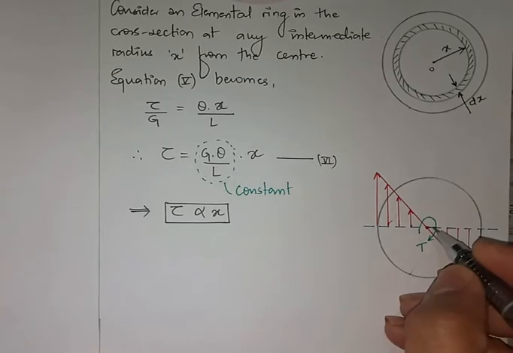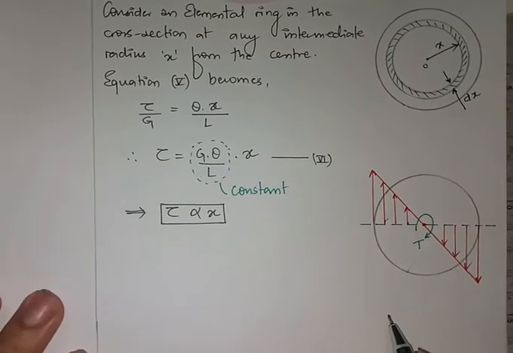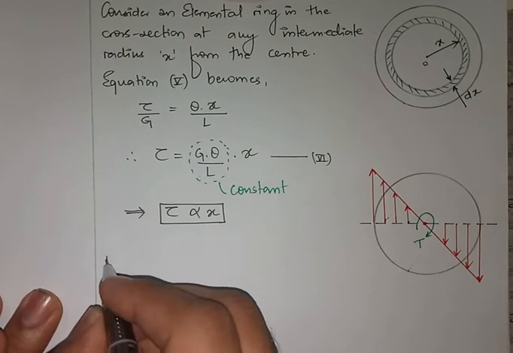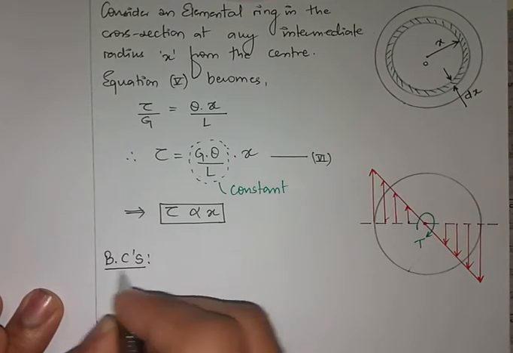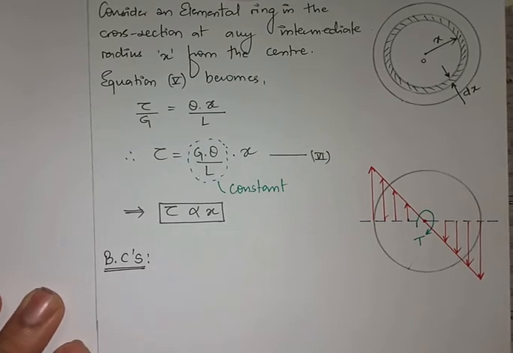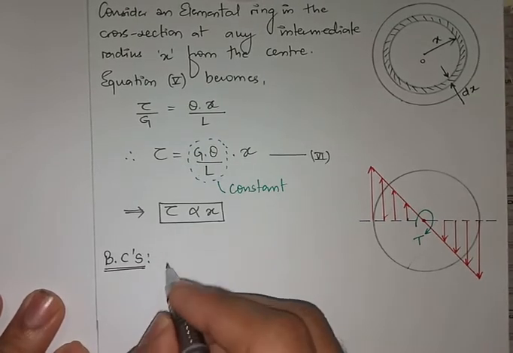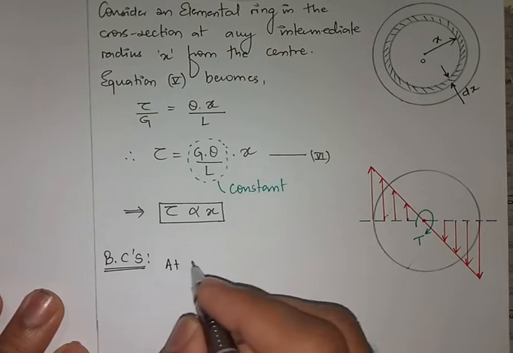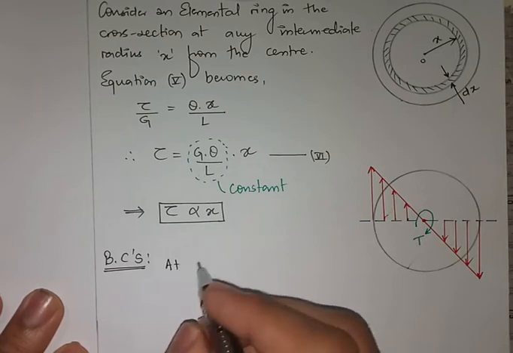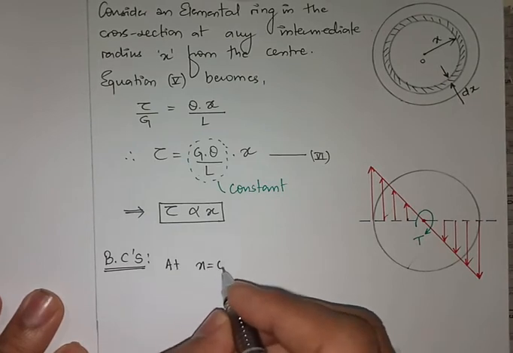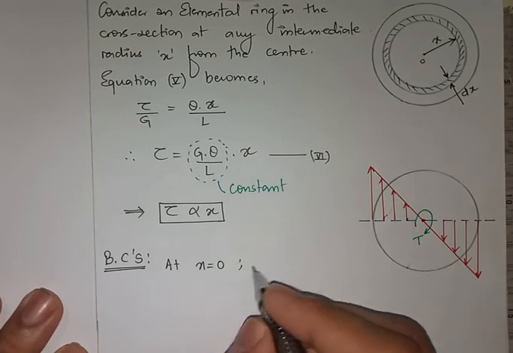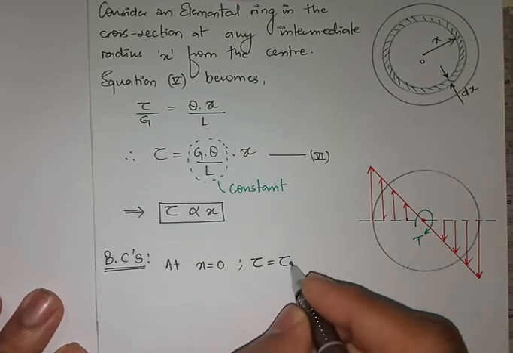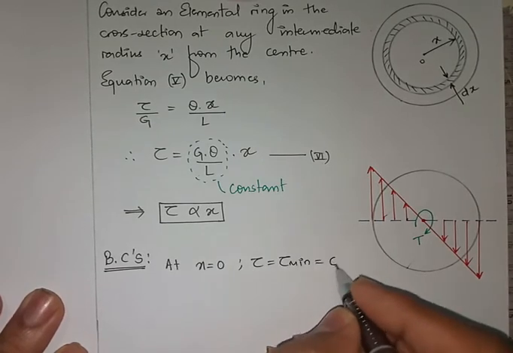Now I'll write some important boundary conditions. BCs are nothing but boundary conditions. At x equal to 0, that is at this particular point, tau is equal to tau minimum, and that will be equal to 0.